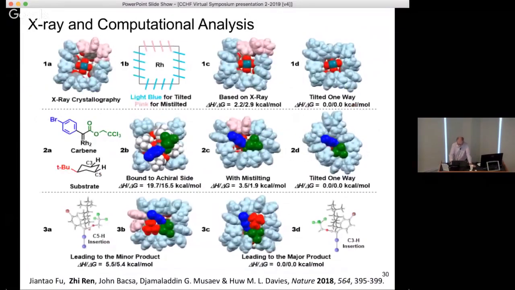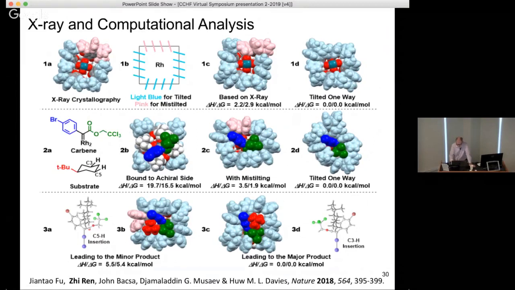Now, with all of our program, through the collaboration with Jamal Musaev and Ken Houk, we're actually getting a really good understanding of how these catalysts work. And one of the things we realized with this tetraphenyl PTAD derivative is that the phenyl groups had a really interesting feature because they tend to tilt.